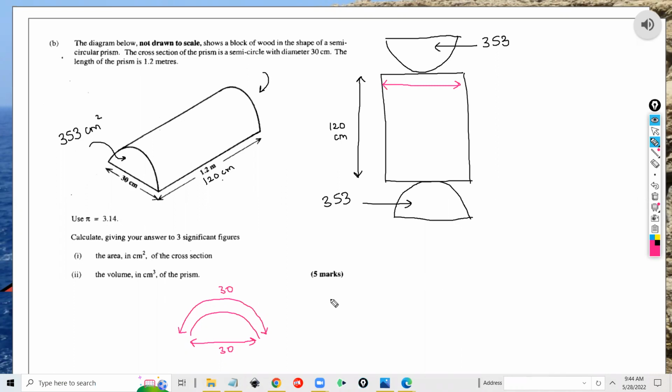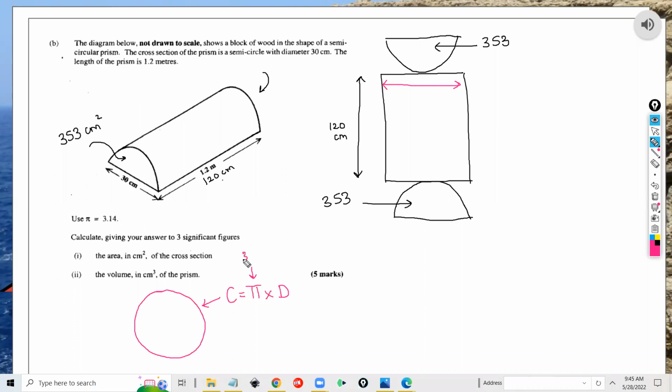Well, this goes back to a formula from, I guess, form 2 or form 3 or somewhere around there. Remember how you find the circumference of a circle? The circumference of a circle is pi multiplied by the diameter. But remember two things.